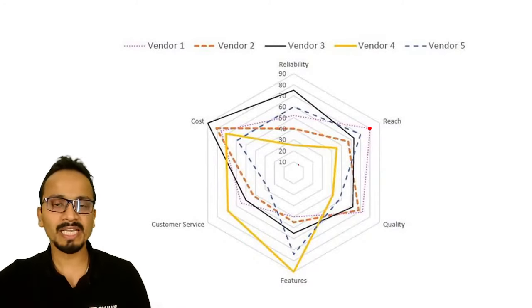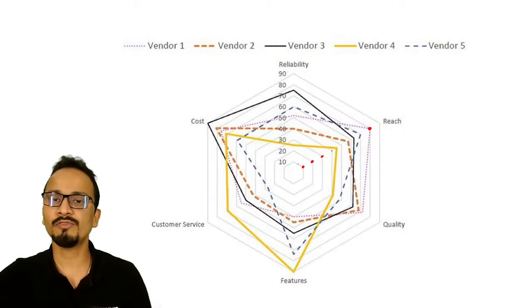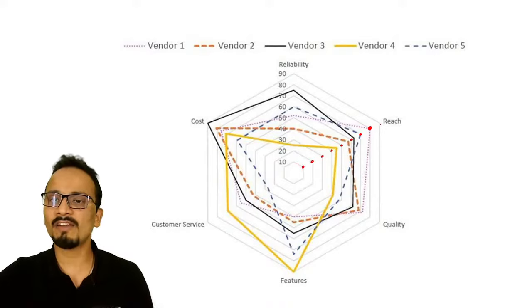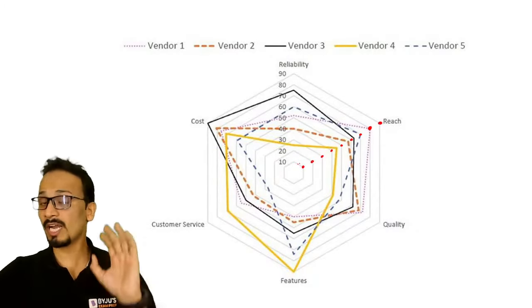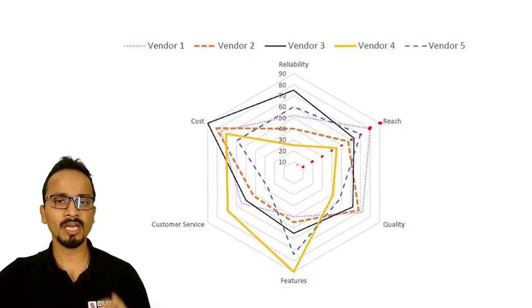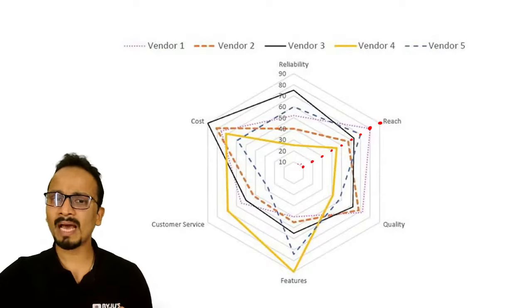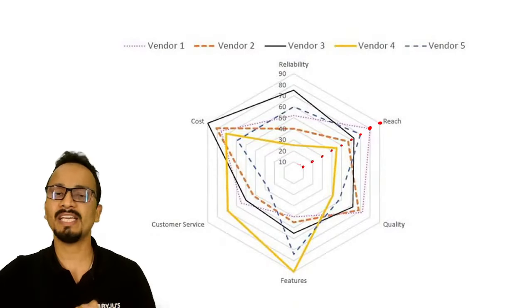The innermost hexagon is 10, then 20, 30, 40, 50, 60, 70, 80 is our value that we have to pick, and the outermost hexagon is 90. So there are 9 hexagons drawn, and you just have to pick the value in the similar manner as you pick values in the case of line charts.